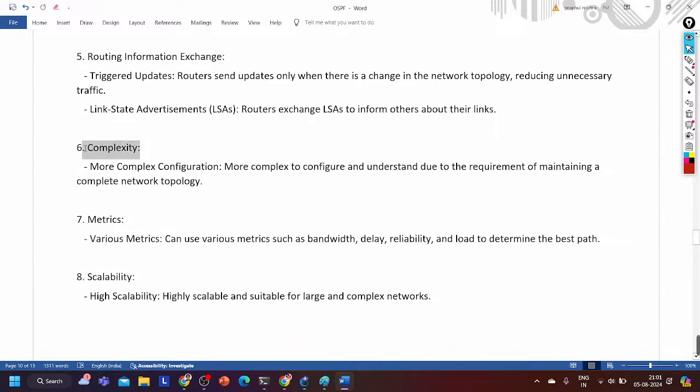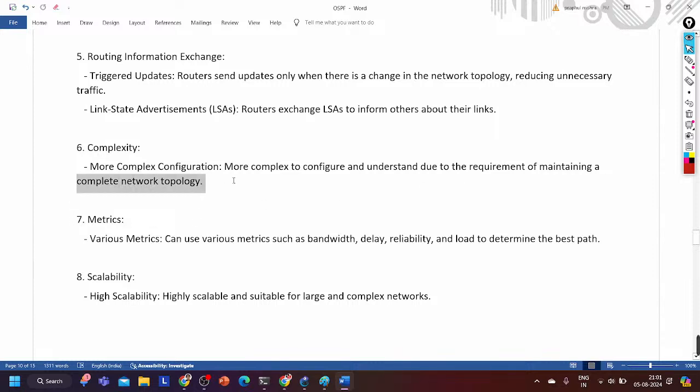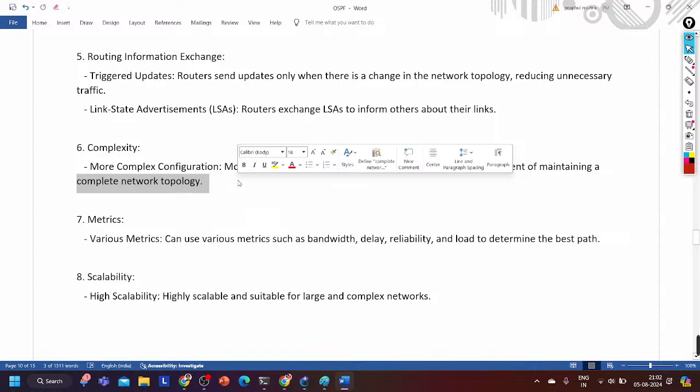Complexity. Link state routing protocol is more complex as compared to distance vector routing protocol. More complex configuration, right? More complex to configure and understand due to the requirement of maintaining a complete network topology, as routers are going to maintain complete network information, complete information of their topology.